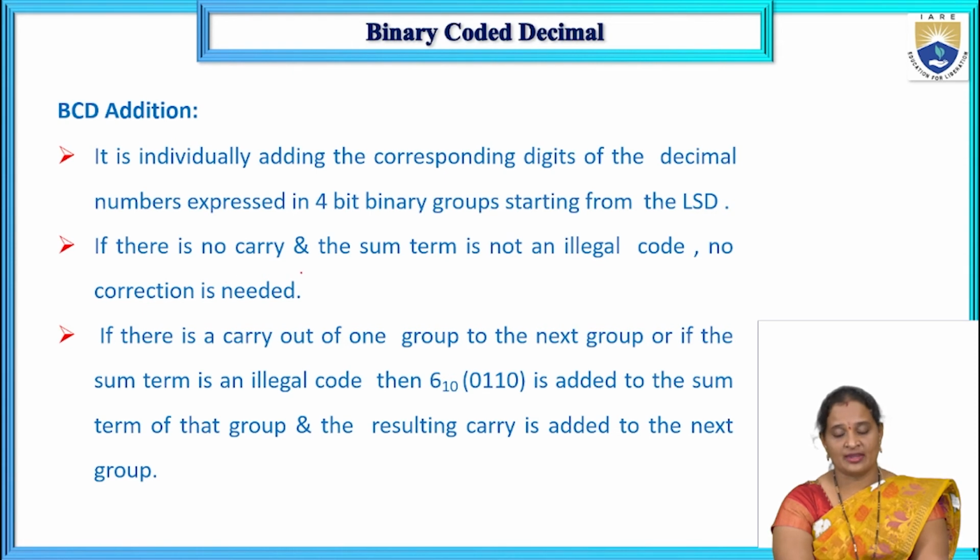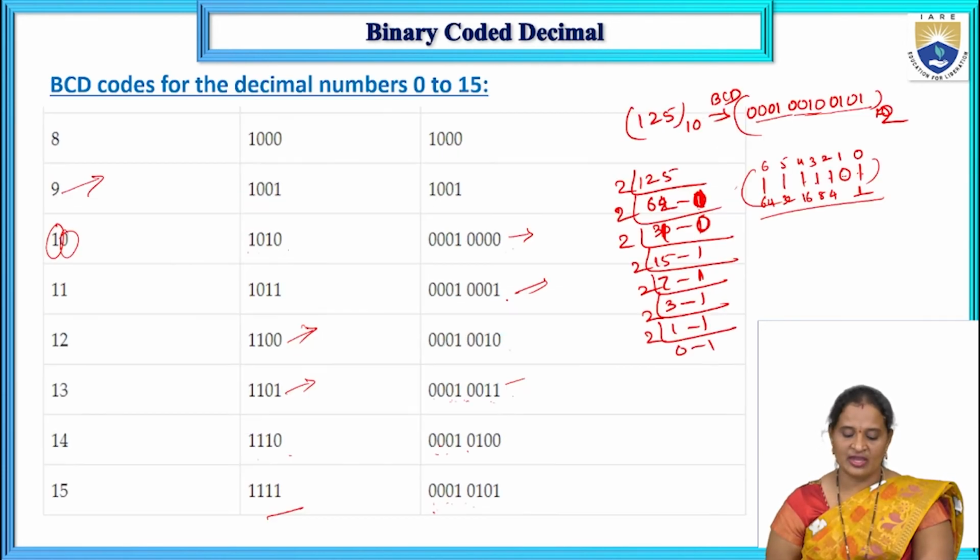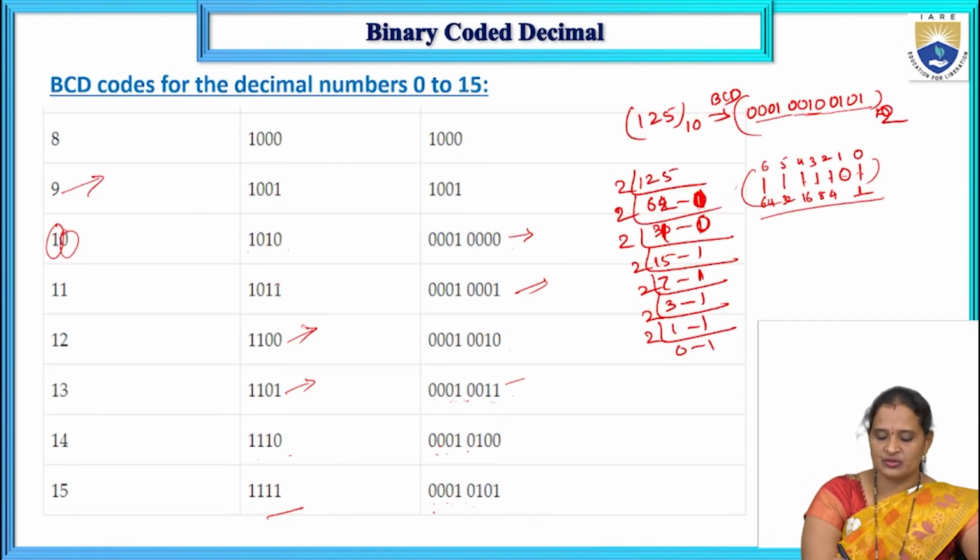If there is no carry and the sum term is not an illegal code... here we have seen that we use only up to 1001. What about these 6 combinations: 1010, 1011, 1100, 1101, 1110, 1111?